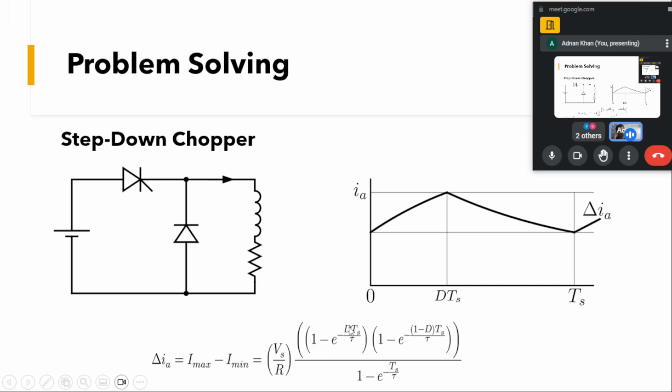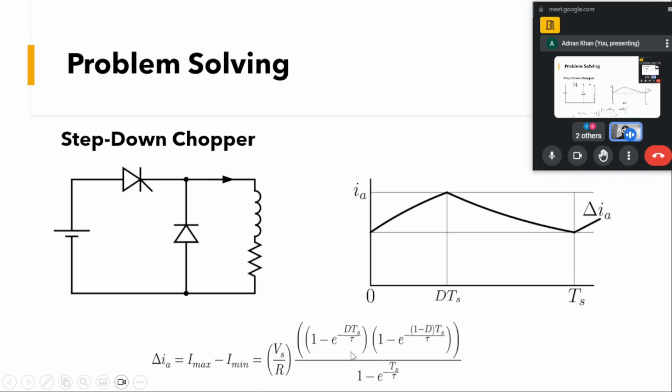D is the duty that is already given to us, that is 0.5. Ts is the overall time period, and tau, I told you, is the L by R ratio. Everything is given to us here.